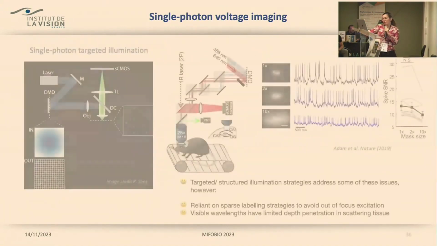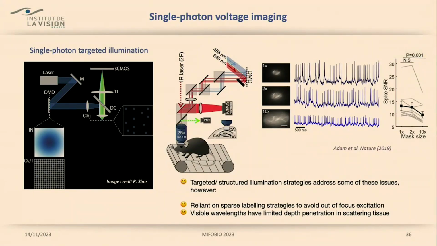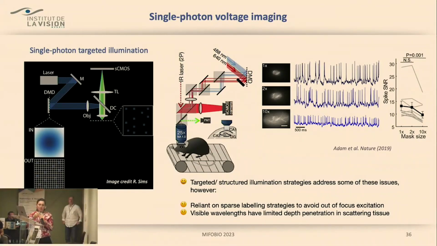So of course then the next idea is to use targeted light instead of wide field. And we have also shown that computer-generated holography in single photon excitation works as well. But this is a nice example from Adam Cohen's lab at MIT, where they use digital micromirror devices to do targeted illumination.